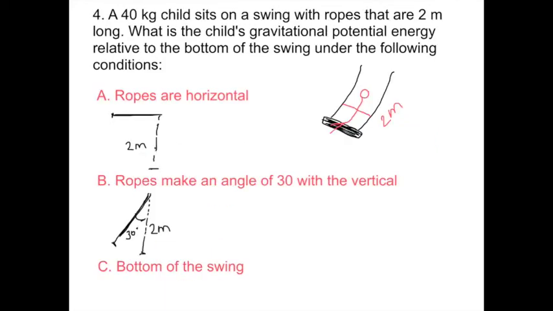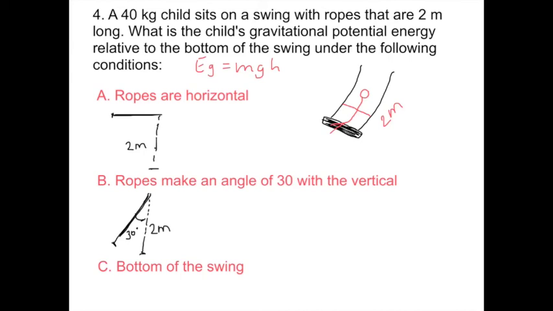Number 4. A 40 kilogram child sits on a swing with ropes that are 2 meters long. What is the child's gravitational potential energy relative to the bottom of the swing under the following conditions? So we've learned from before that gravitational energy is equal to mgh, or mass times acceleration due to gravity times height.